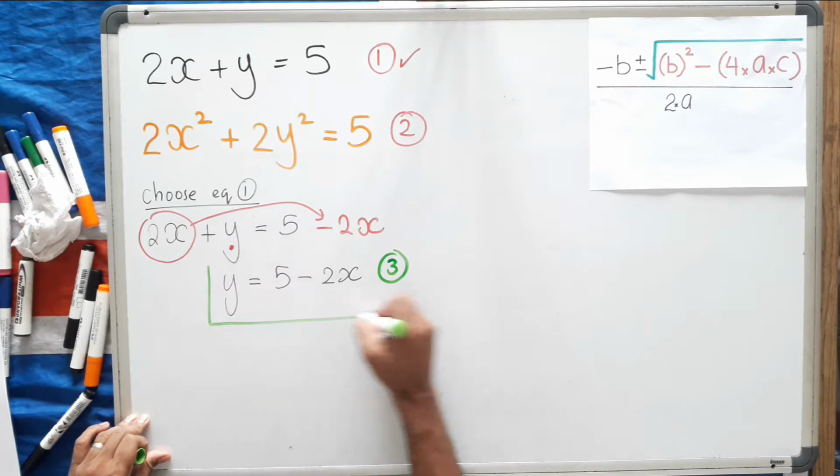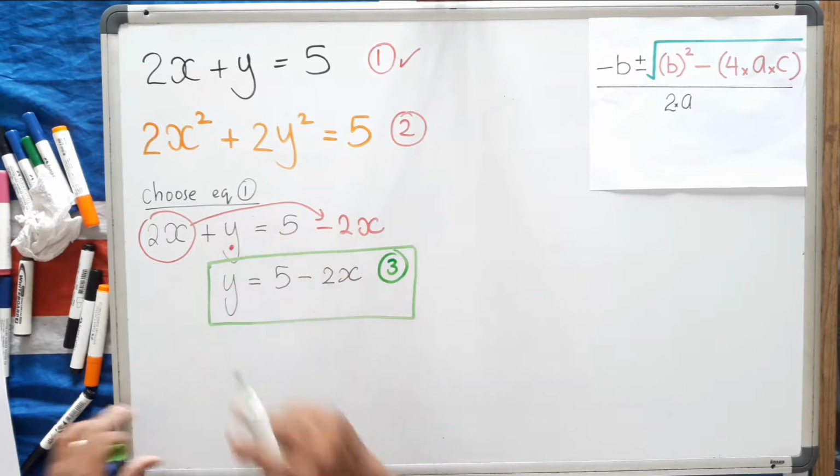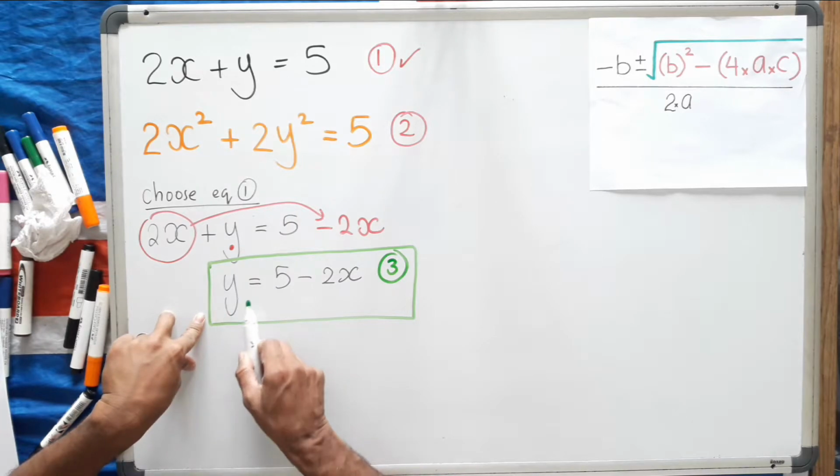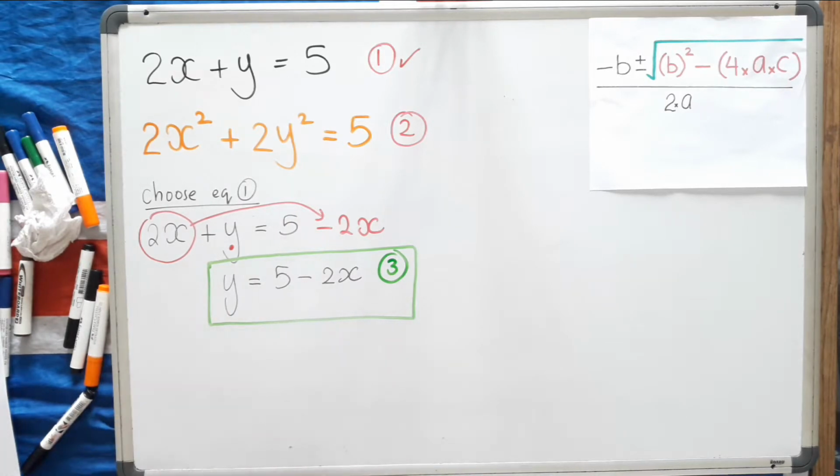And equation 3, I always tell my students, this is the most important equation when you're using the substitution method. You get equation 3 wrong, and everything else will be wrong after. So let's analyze what this statement means. y is equal to 5 minus 2x.